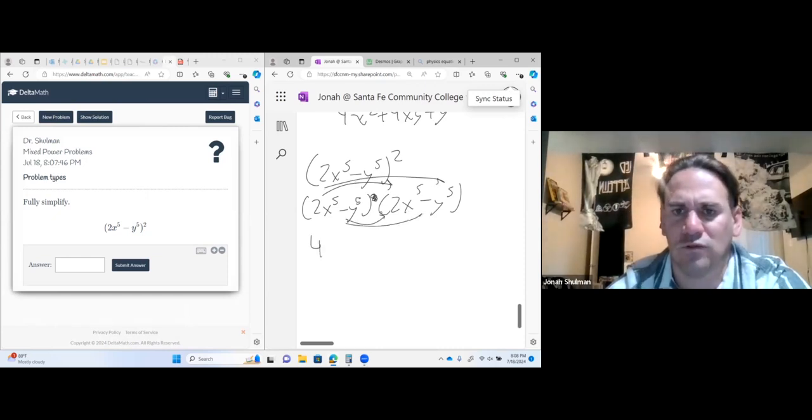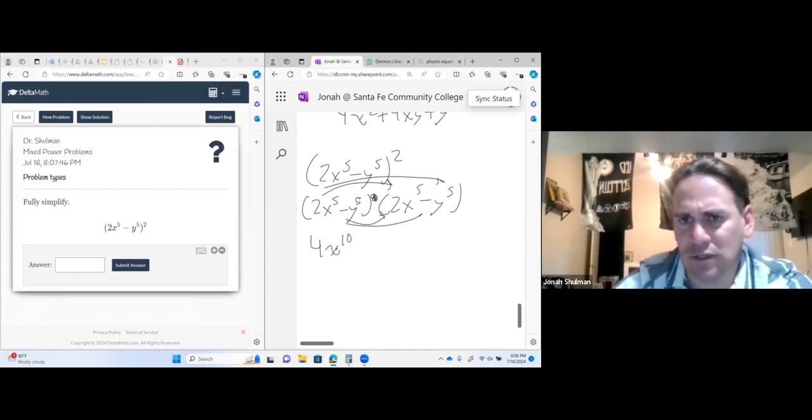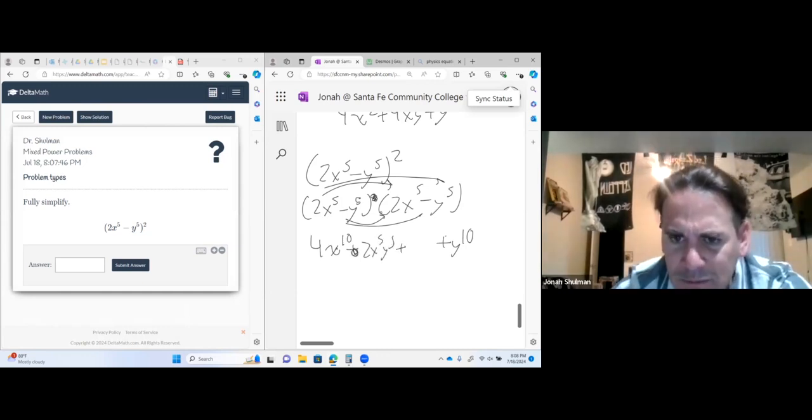So the first one's 4x. 5 plus 5 is 10. The last one is y and y positive. 5 plus 5 is 10. The middle is where they combine. So here we go. So that's going to be plus 2x to the fifth, y to the fifth, and the same thing. Oh, sorry, it's minus.